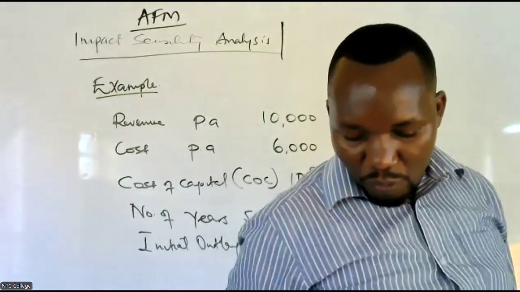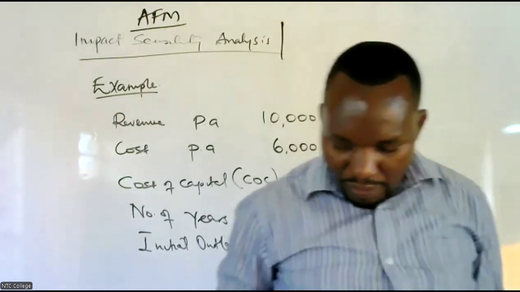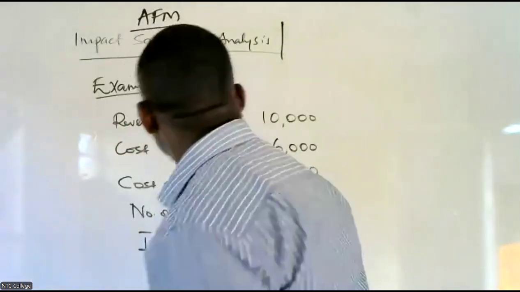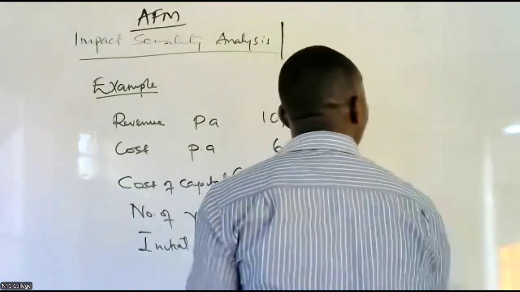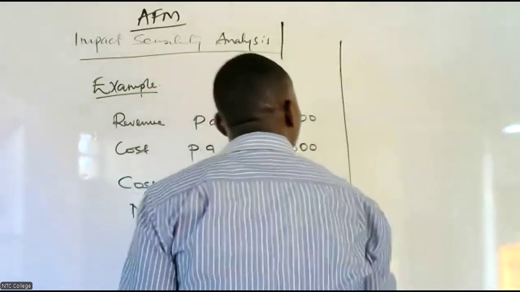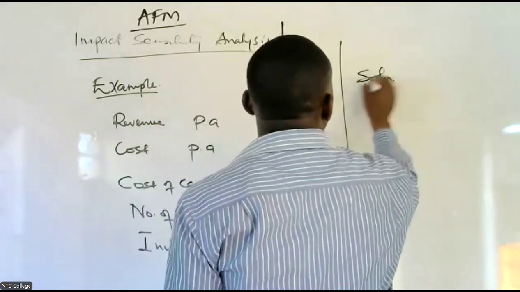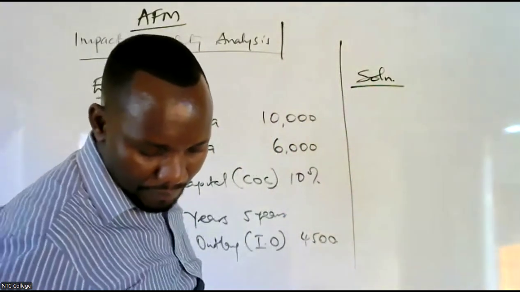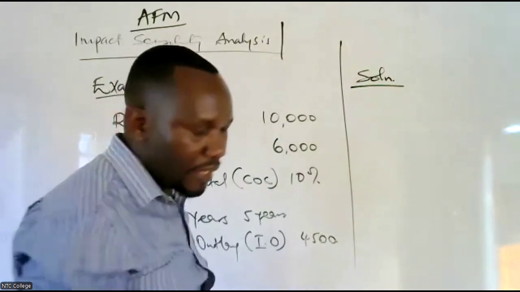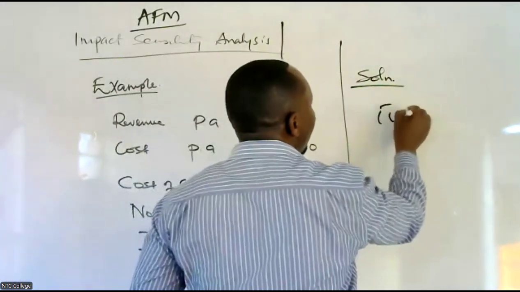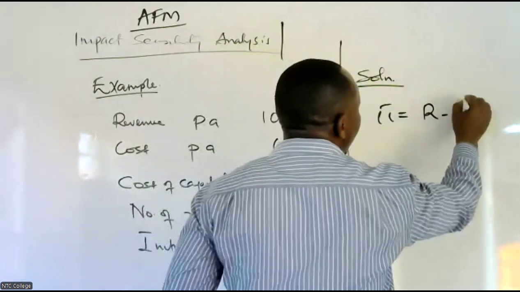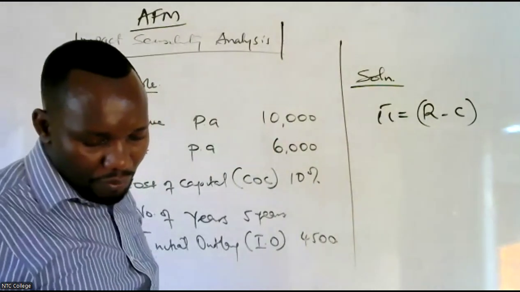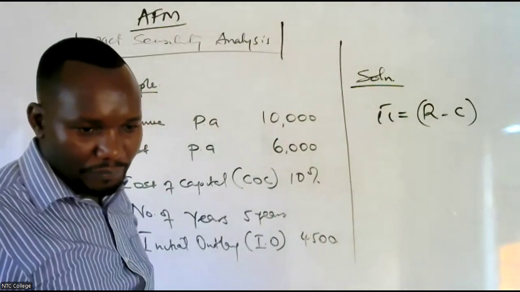Now we say that NPV is normally like a profit. So let's have the solution. We can make it look like a profit, and profit is normally revenue minus cost, right?